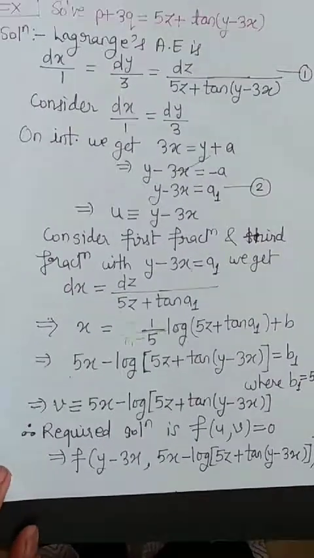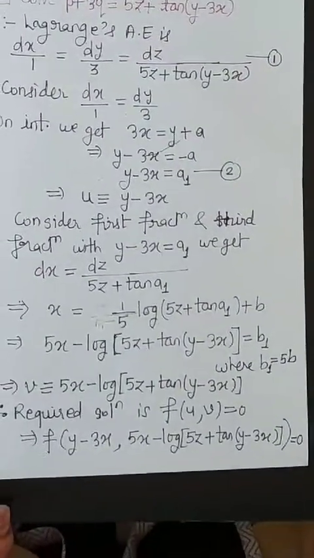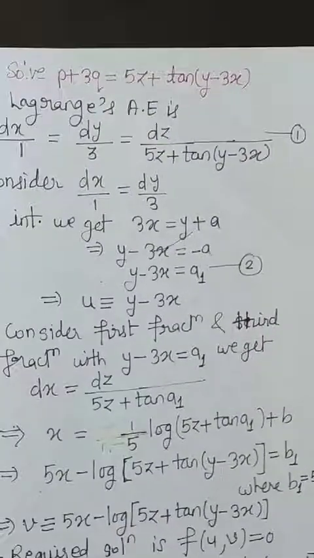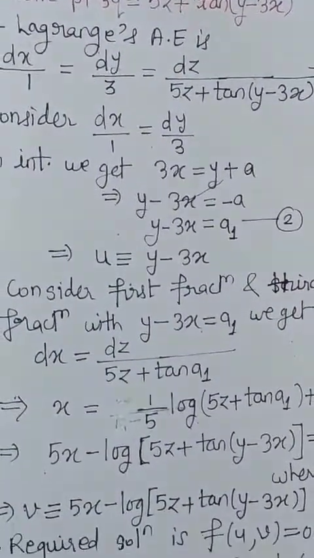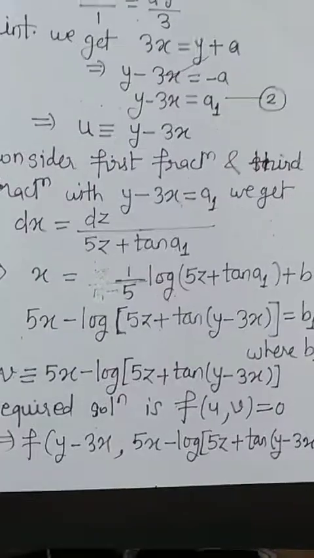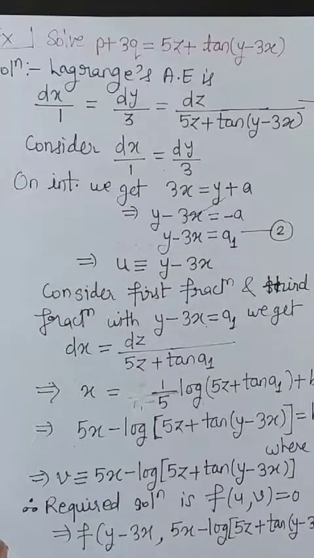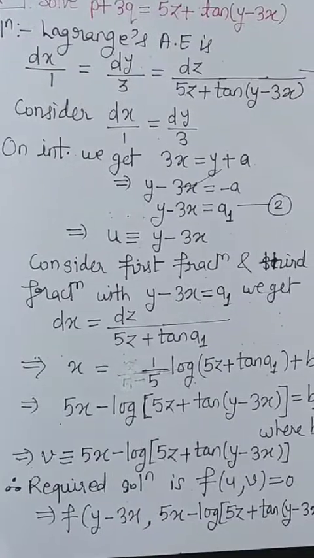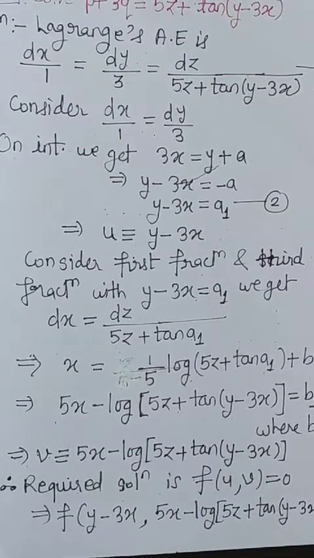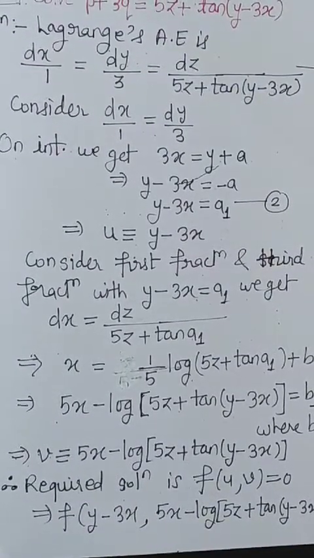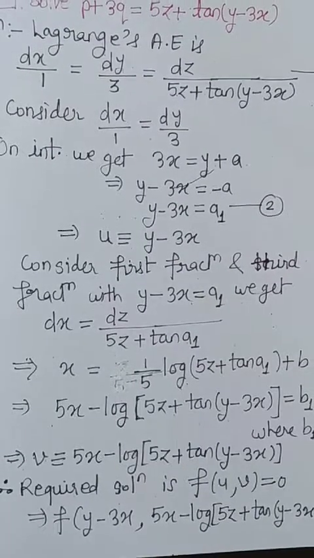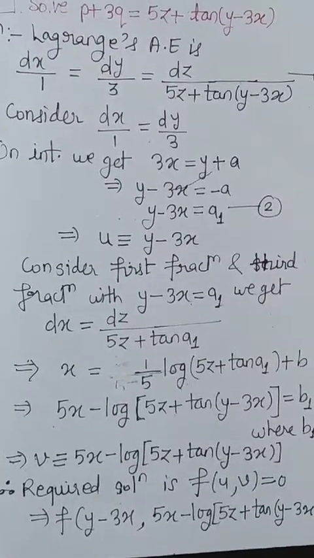So I hope through this video lecture the concept of solving Lagrange's differential equation is clear, and also the ideas behind using method 1, that is the method of grouping, and method 2, that is the method of substitution, are very well understood, right?